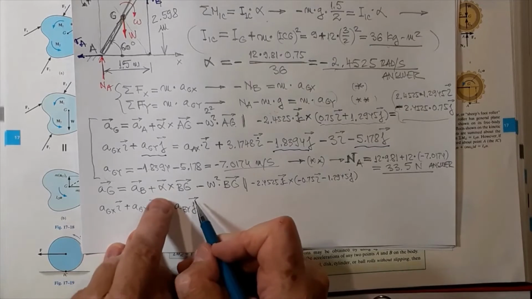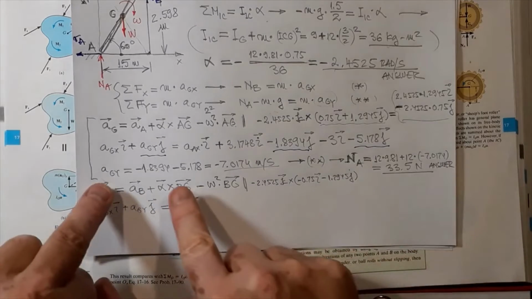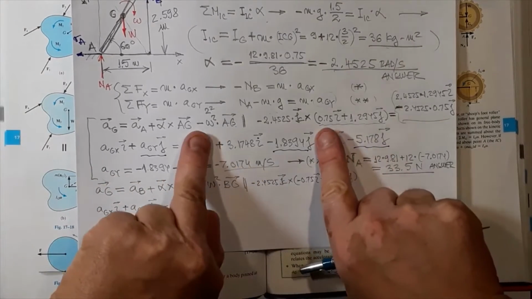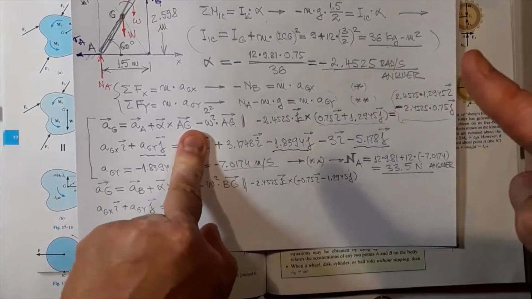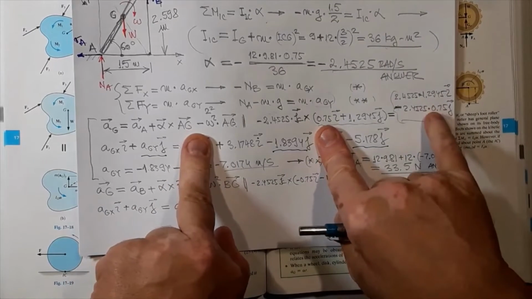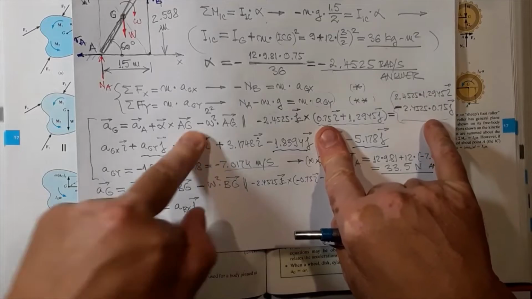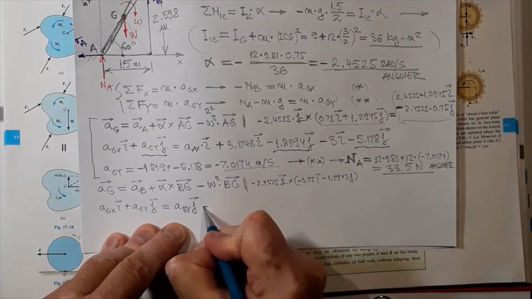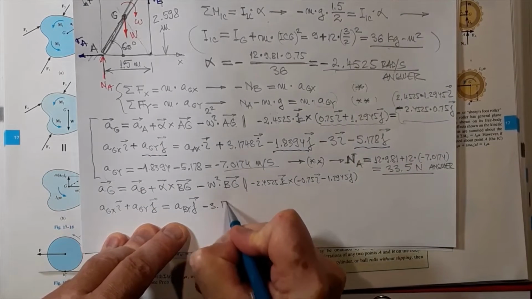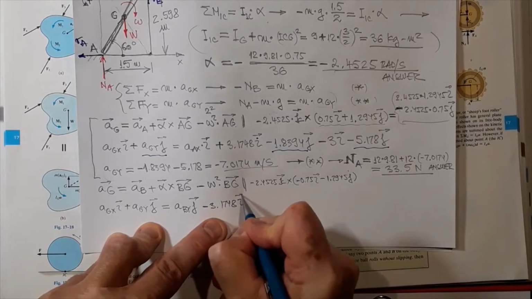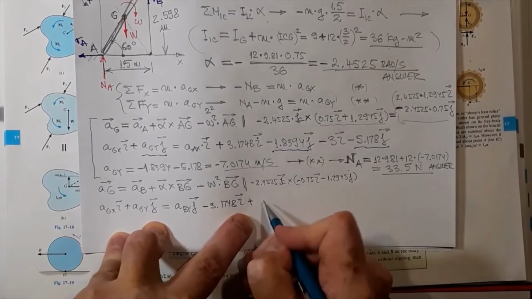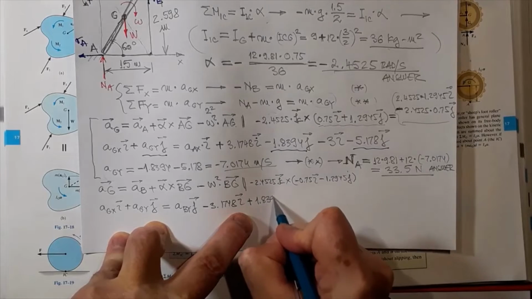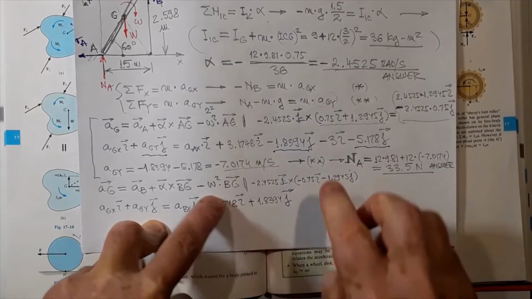And continue. I said that what was here, this sequence coming from the cross product, is going to be with flipped sign. So it'll be negative 3.1748 i, and what was negative now becomes positive 1.8394 j.